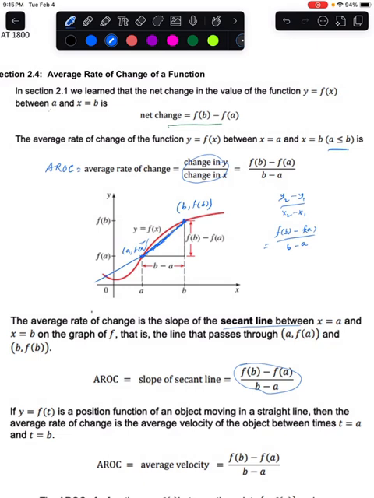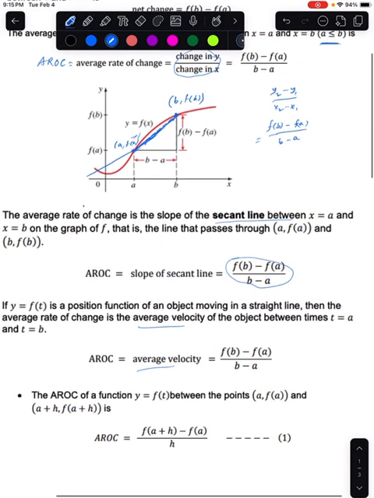Also, the same quantity can be considered as the average velocity. If f of t is the position function of an object moving in a straight line, then the average rate of change is the average velocity. In that case, the AROC becomes average velocity, and it has the same value.